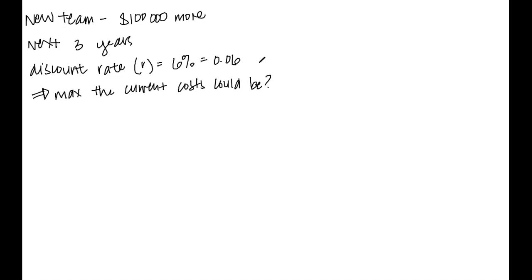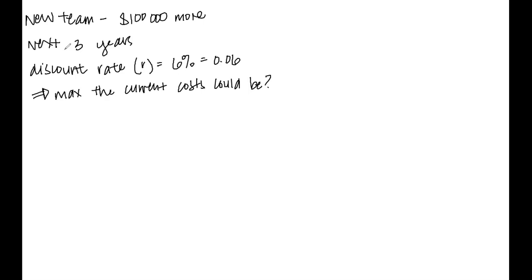To make the investment still be worthwhile would mean that the net present value is positive. Remember, when our net present value is positive, we're going to invest. When it's negative, we're going to reject. This is a good example of paying attention to the wording of the problem. They were talking about the next 3 years, so all the present value terms in the equation we're going to discount.